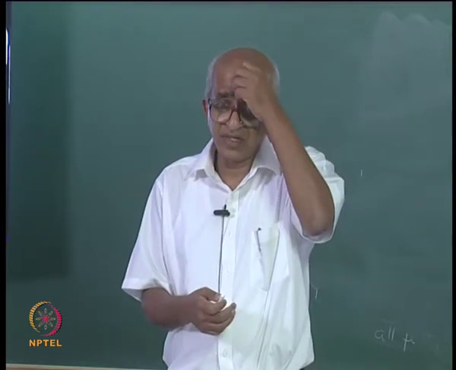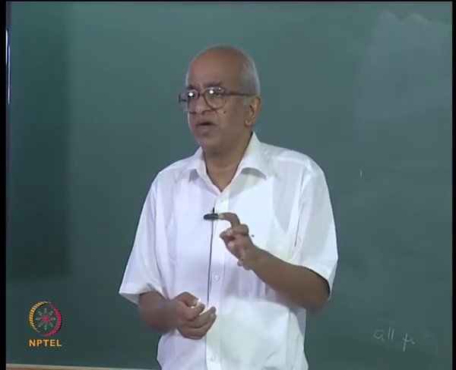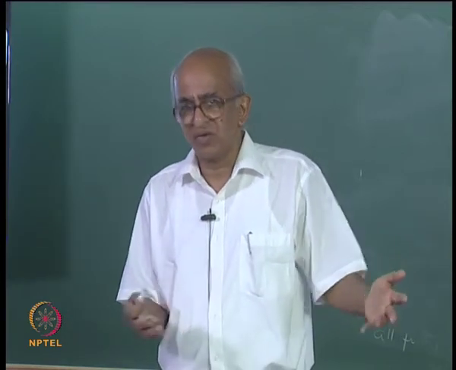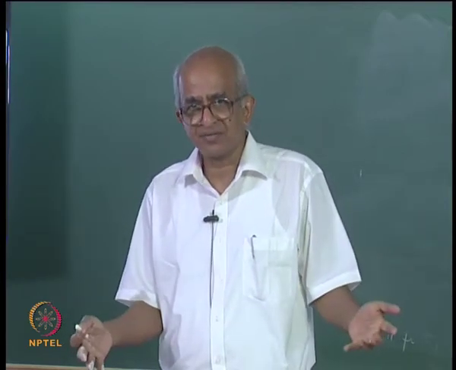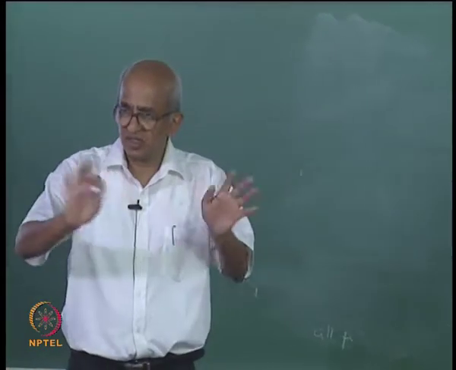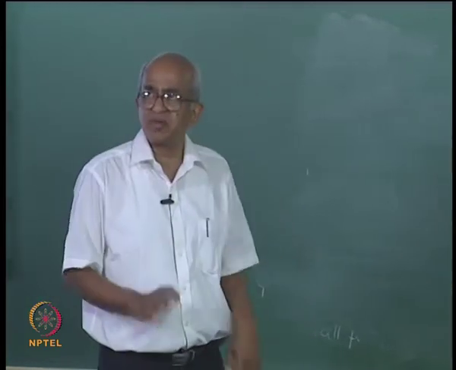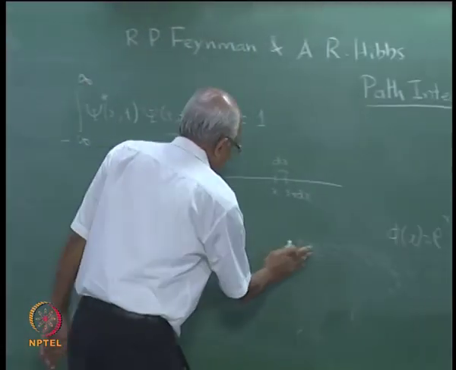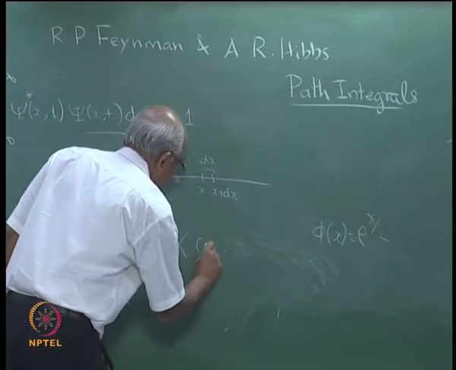If the wave function is equal to 0, then the probability of finding the particle anywhere in space is 0, but I know that the particle is there. So, a wave function equal to 0 is not acceptable for me. Therefore, the condition is that this a has to be less than infinity.